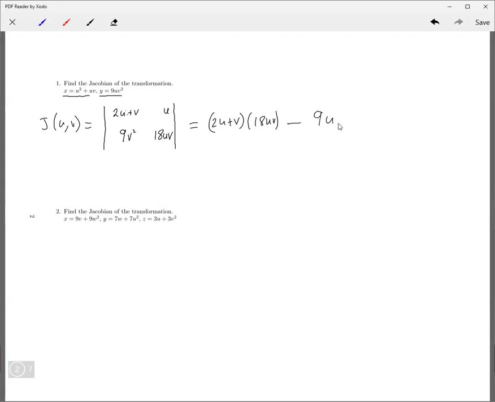That's 9uv squared. So when we distribute, we get 36u squared v plus 18uv squared, minus 9uv squared. So that's going to be 36u squared v plus 9uv squared.